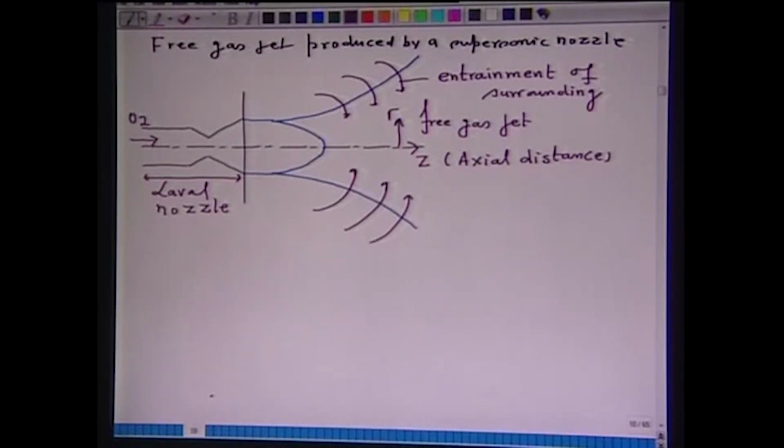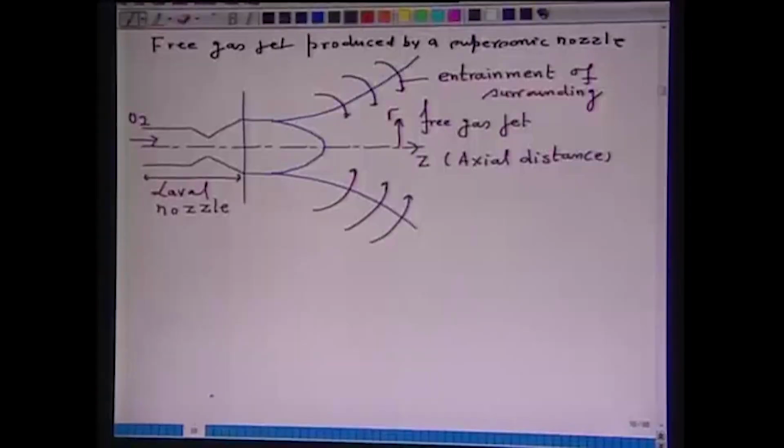So, you note from this particular diagram, as the gas exits the nozzle, the jet begins to spread. That means, as the jet moves downstream the nozzle, the radial spreading of the jet begins. But a supersonic nozzle is characterized by delay in the radial spreading of the jet up to a certain length downstream the nozzle.